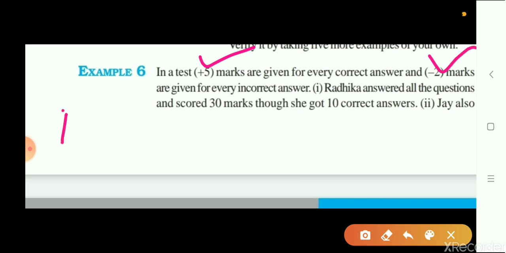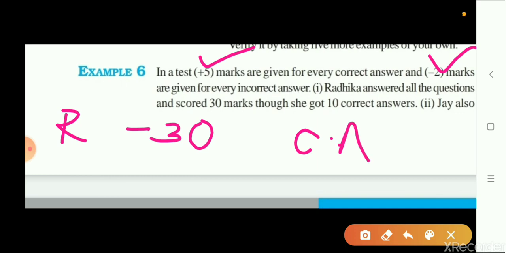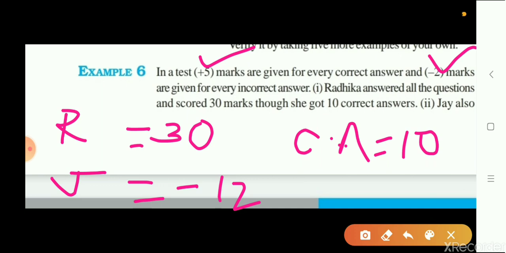In case of Radhika, she has scored 30 marks and her correct answers are 10. And in case of Jay, he has scored minus 12 marks and his correct answers are 4.